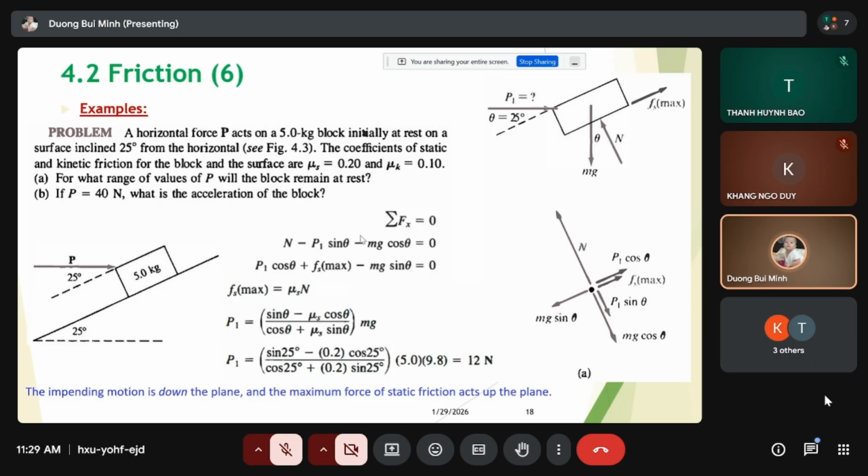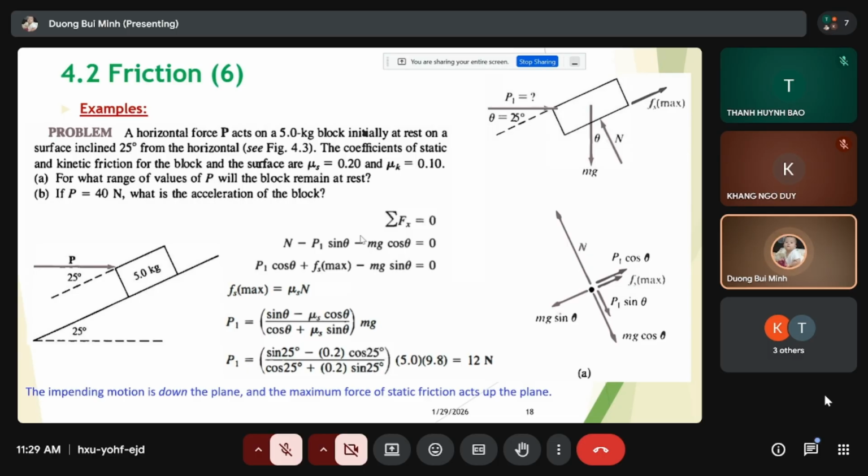We move this one to be here, so plus mg sine theta divided by cosine theta. Am I right? Oh, man, sorry. Here we have B1. Anyway, you do it for yourself, just some steps.